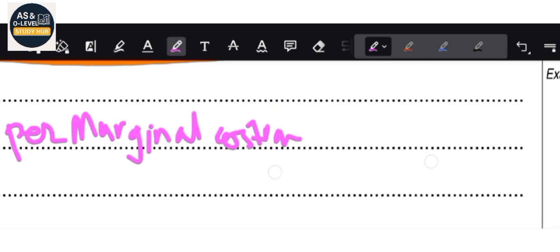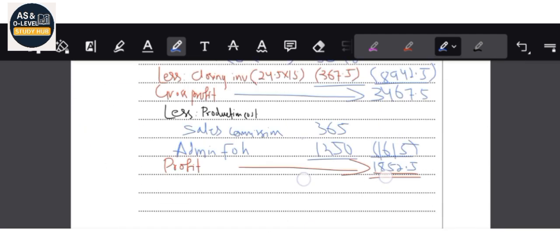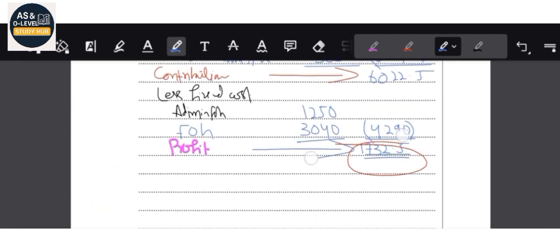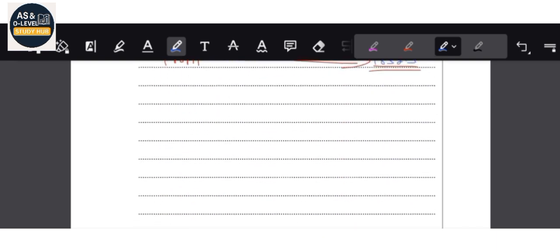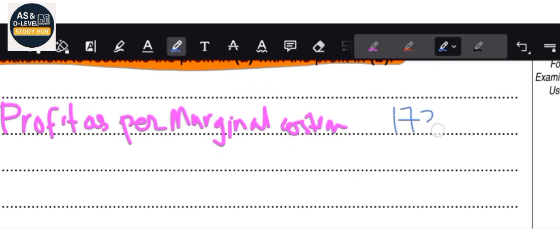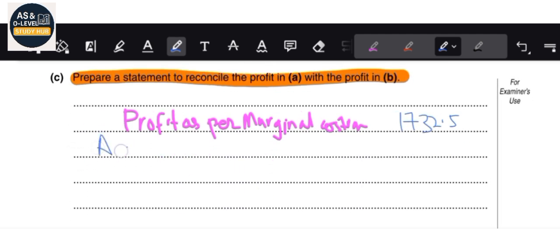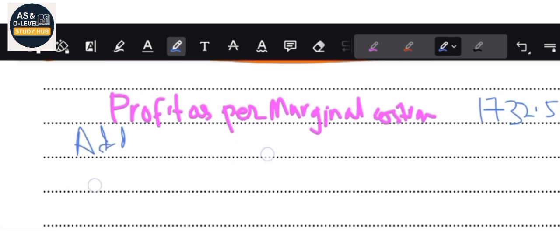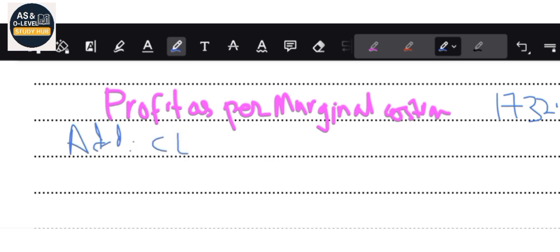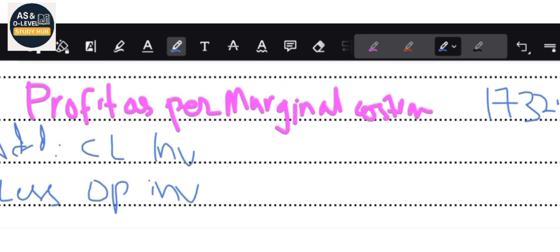That is 1732.5. Now we add closing inventory, and less opening inventory. But since we do not have any opening inventory, we will just add our closing inventory. What was our closing inventory?